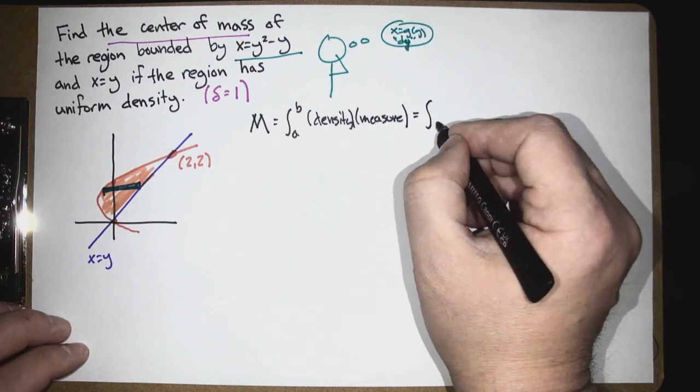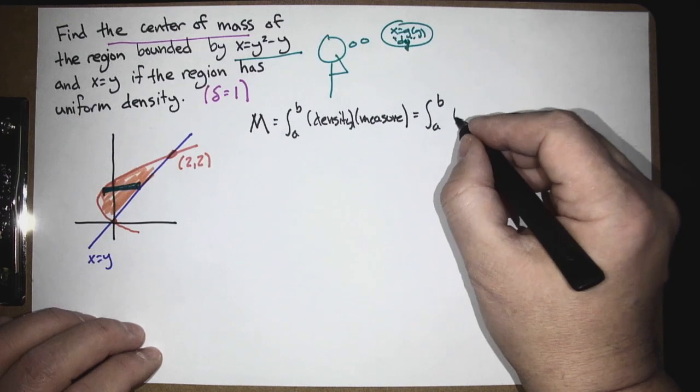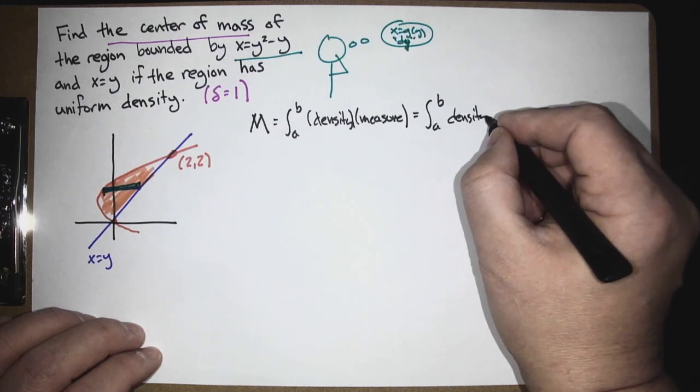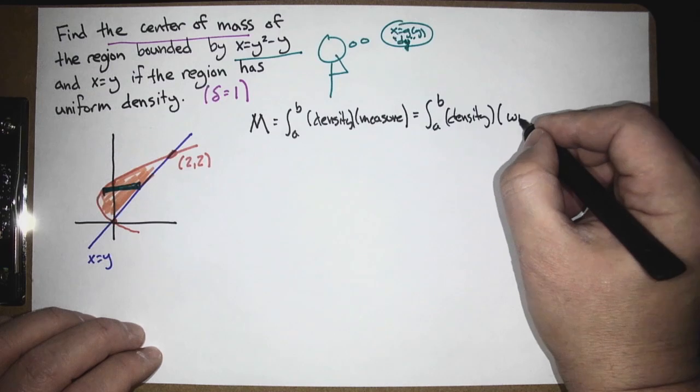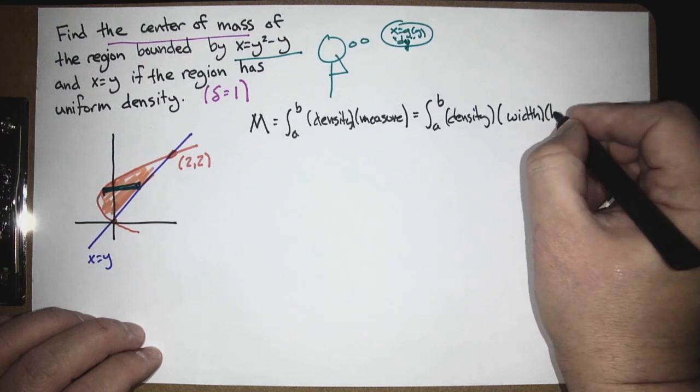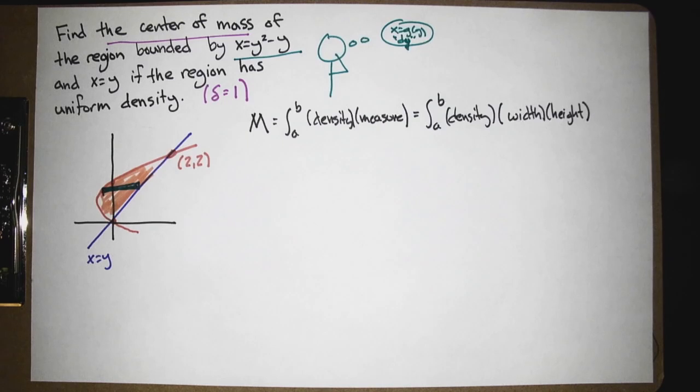Now, measure depends on what kind of setting you're in, 1D versus 2D. So we're in 2D. When we think about measure, that really corresponds to area, and that really corresponds to height times width or width times height. So we're going to think of it as width times height. Now we need to start figuring pieces out, assembling our integral.